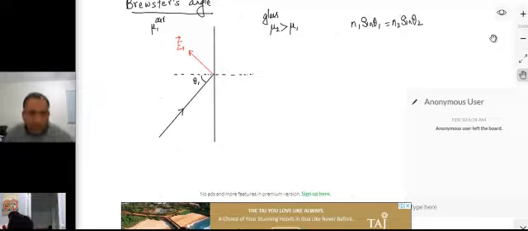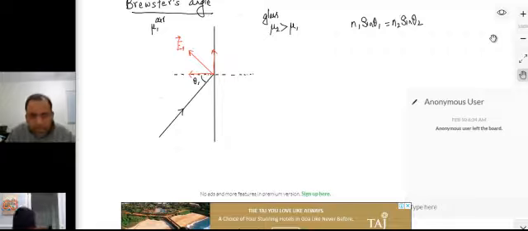But we want to think in terms of vectors. So what does this Snell's law look like for vectors? Notice this has a vertical component, right? And it has a horizontal component of the vector, correct?